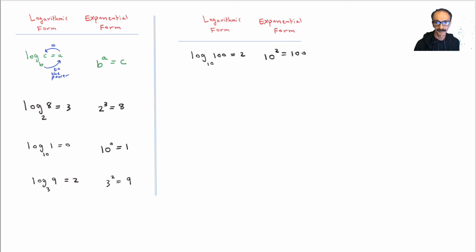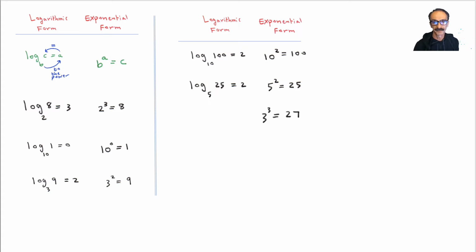One more. 5 to the second equals 25. As a log form, it's going to be log. What's the base? The base is 5. After the equal sign, it's going to be the exponent, which is 2. Here we go. 5 to the second equals 25.